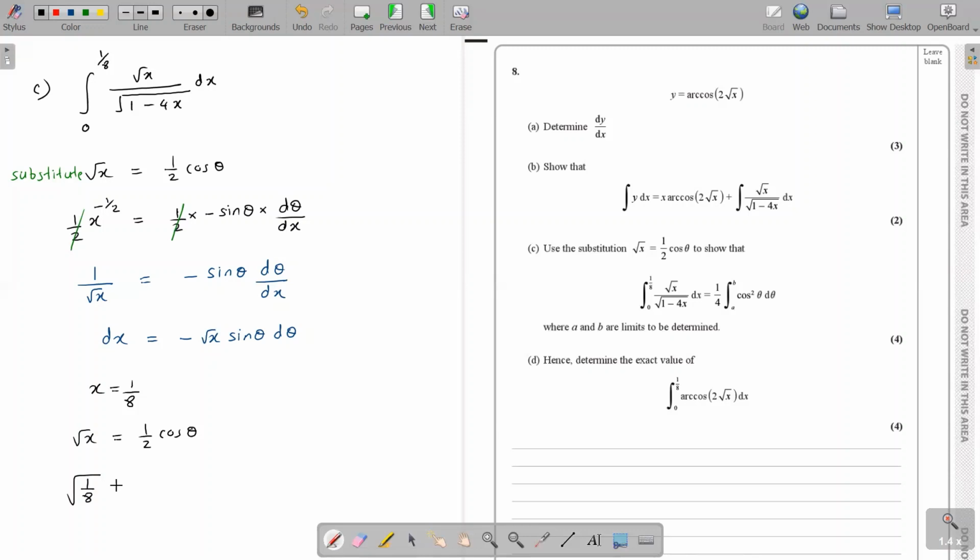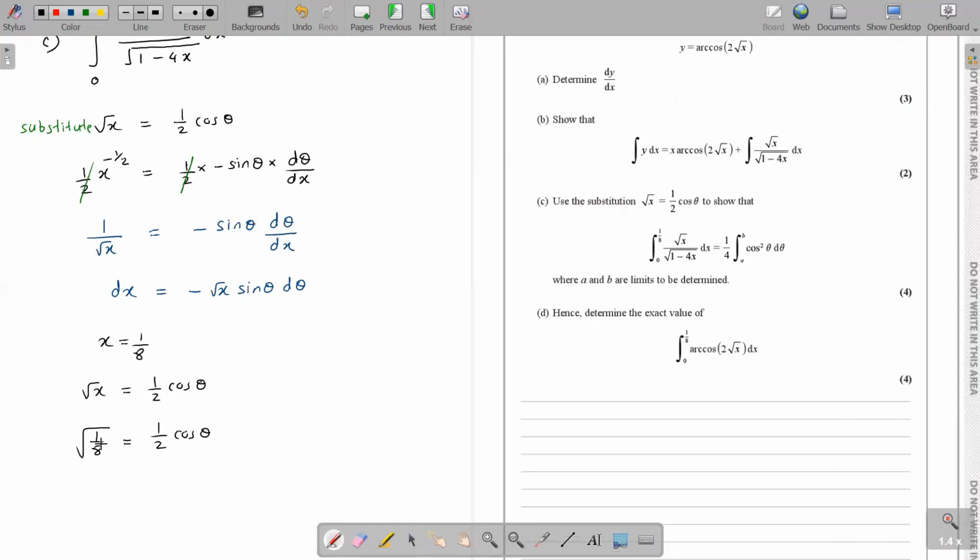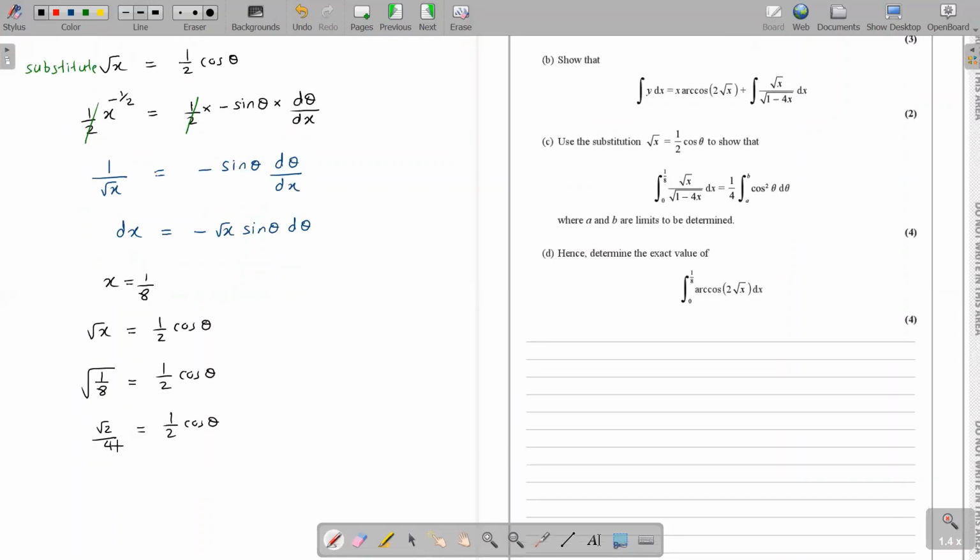Root of 1 over 8 equals half cos theta. Can you all simplify? What do I get? Root of 1 over 8 is root 2 over 4 equals half cos theta, which gives me the half and 4 will cancel out. So you get root 2 over 2 equals cos theta. So cos inverse of root 2 over 2, in radian mode, gives you pi over 4. And that's the first limit.